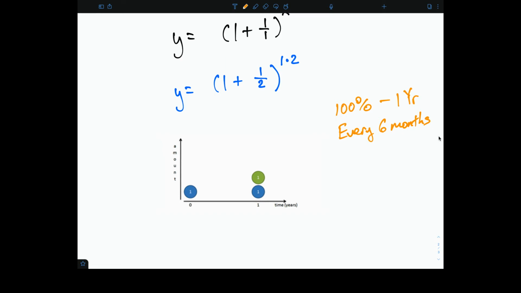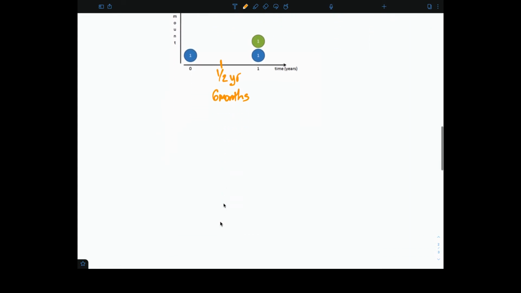And the very easy reason to see that is a no is because we have to do half a year, or 6 months, right? This has no representation of that half year or 6 months. So what would this graph actually look like? Well, we would maybe think that it would look something like this, right?